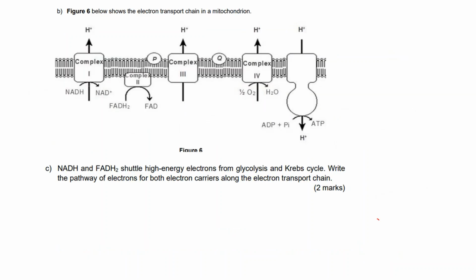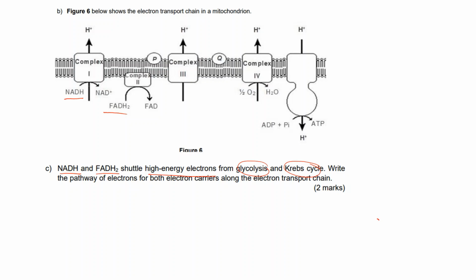Question C. NADH and FADH2 shuttle high energy electrons from glycolysis and Krebs cycle. Write the pathway of electrons for both carriers along the electron transport chain, NADH and FADH2, as you see here. Okay, so these are actually electron carriers. Okay, they carry high energy electrons.